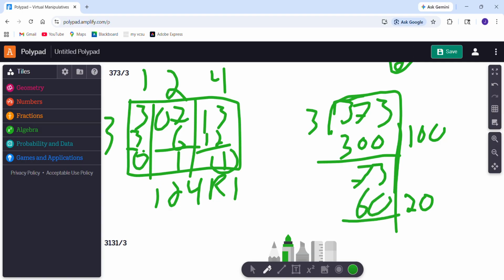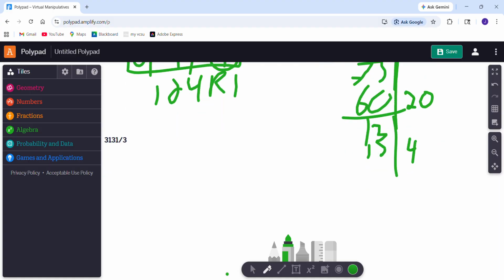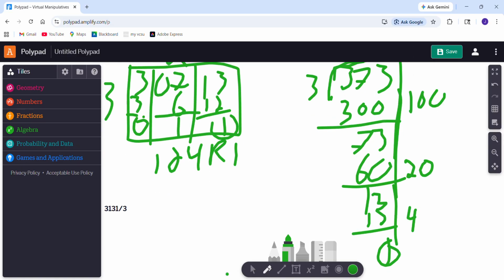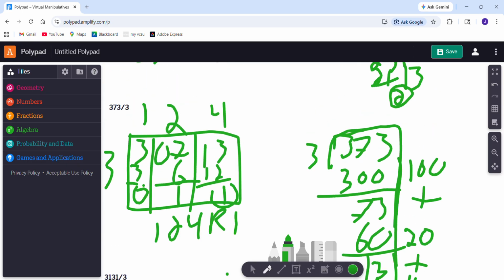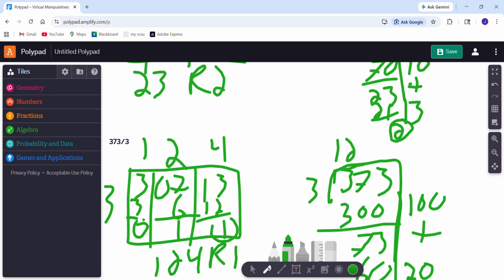So then we've got 73 minus 60 is 13. And a little further down, 3 goes into 13 4 times. 3 times 4 is 12. 13 minus 12 is 1. So now to add this up, we've got 100 plus 20 plus 4, 124, remainder 1 is your answer.